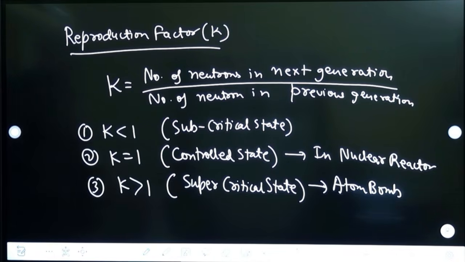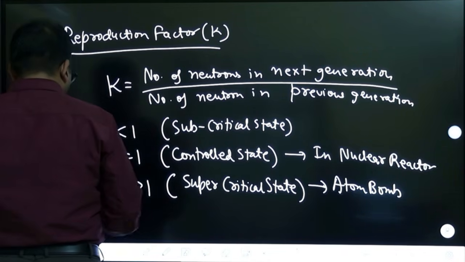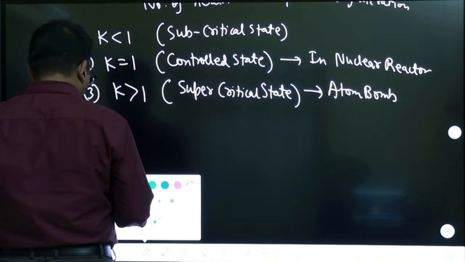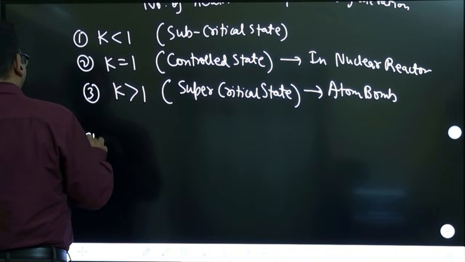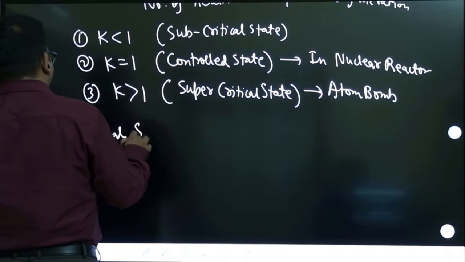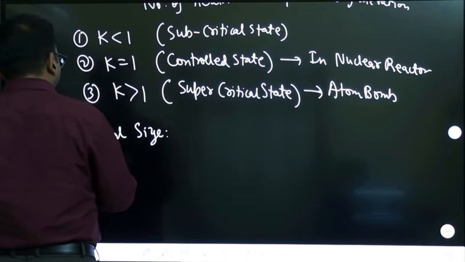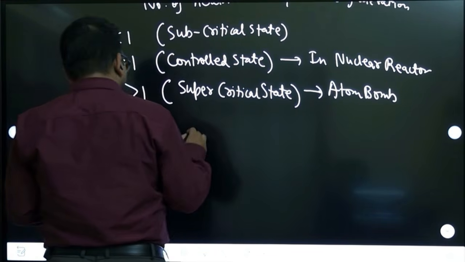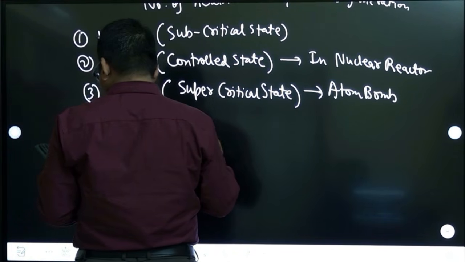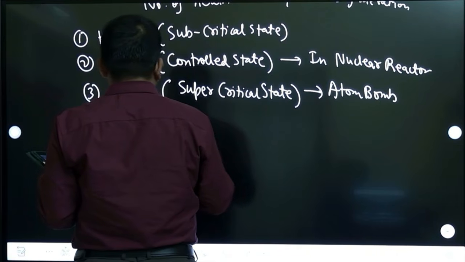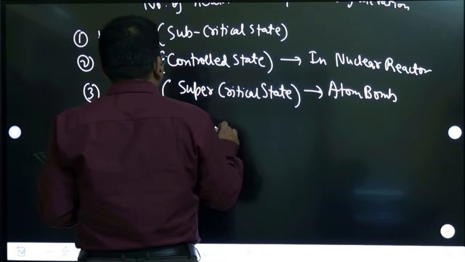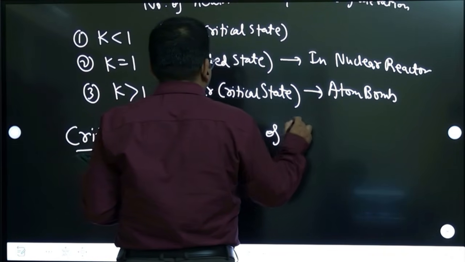Now also note what is called critical size. Critical size is the value of 1 by k.